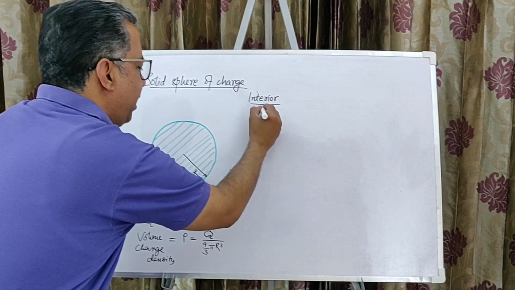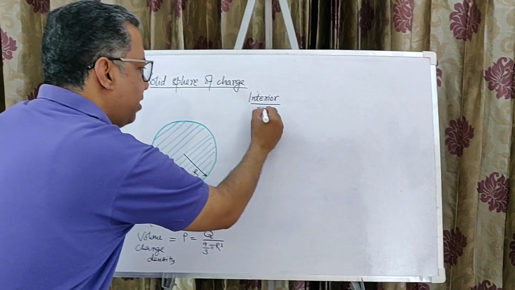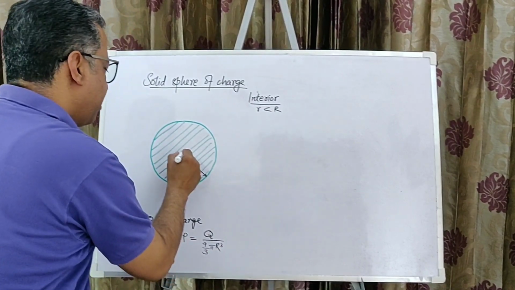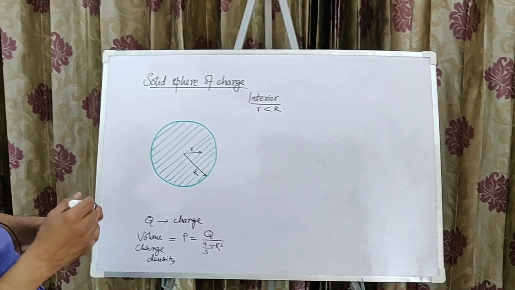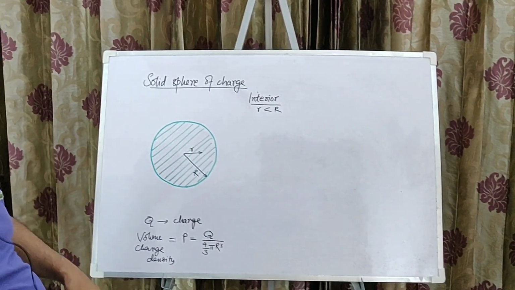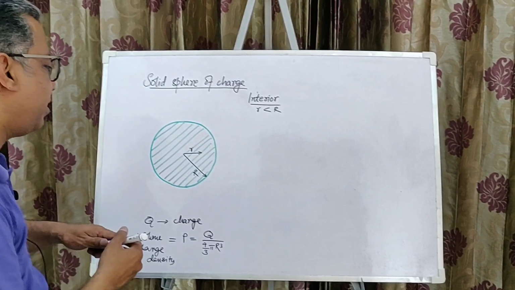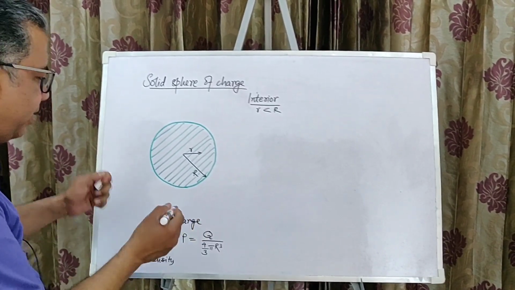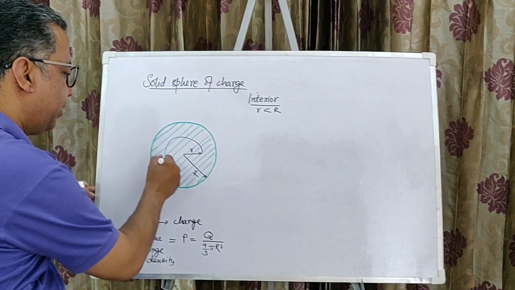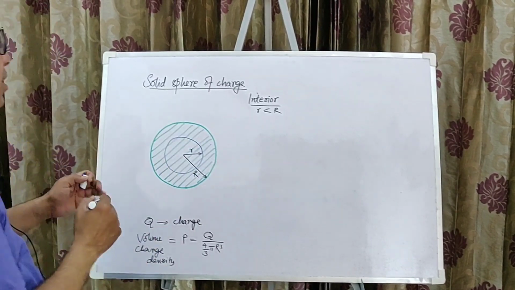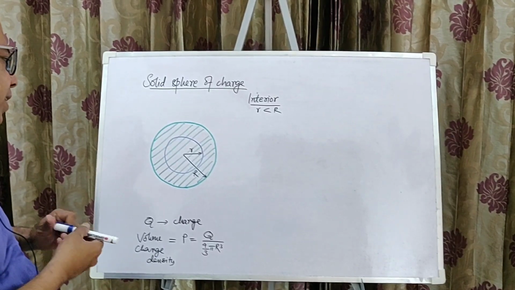That's small r, the distance from the center, being less than capital R. So we are determining the electric field at this location here. Again, since the field is symmetric, radially directed everywhere, we draw a spherical Gaussian surface just like we did in the case of a spherical shell.